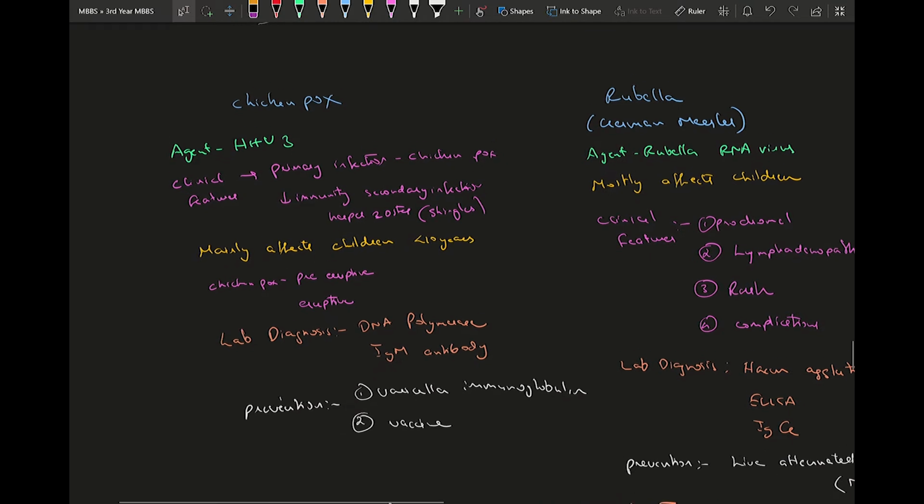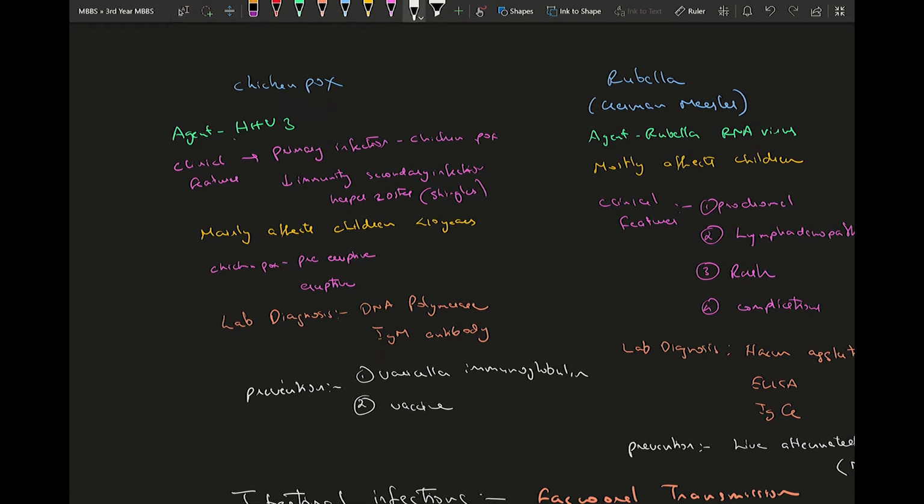Moving on to chickenpox. Chickenpox is caused by HHV3 or human herpes virus 3. The clinical features: the primary infection is chickenpox, the rash, which forms in children less than 10 years of age. The secondary infection only occurs when there is decreased immunity, like AIDS or some chronic illness like diabetes.